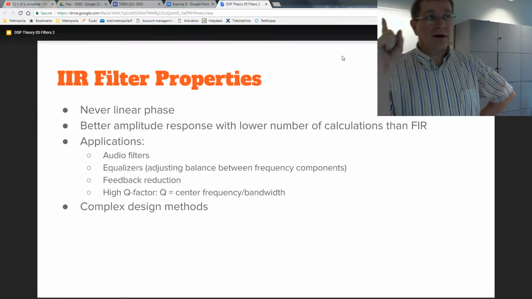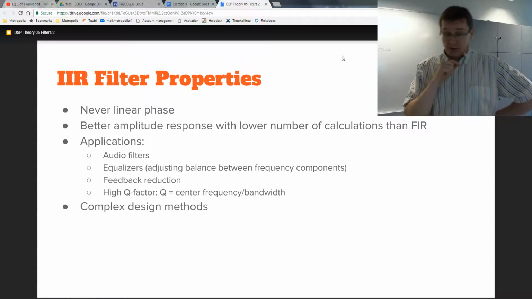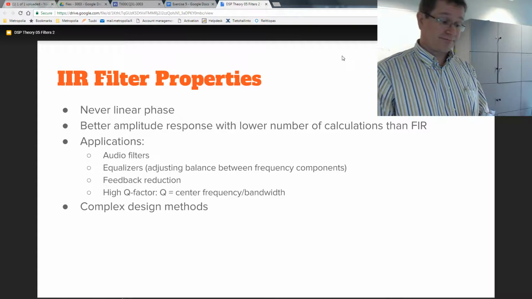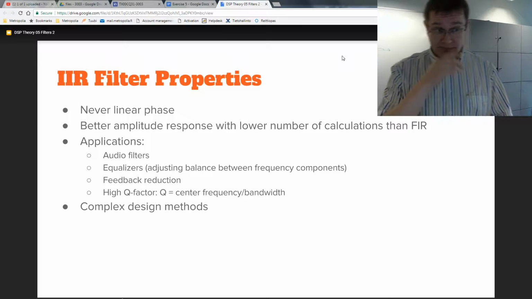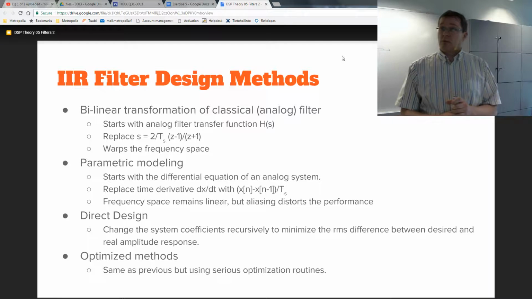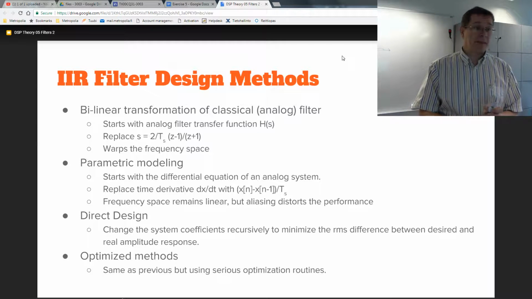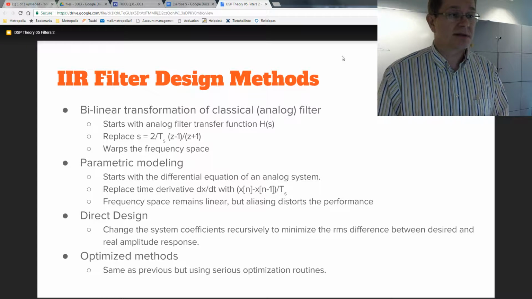There's only one design you can do by pen and paper. The rest of the design methods require at least some tables, transformation tables. But anyways, those are the four most common methods.